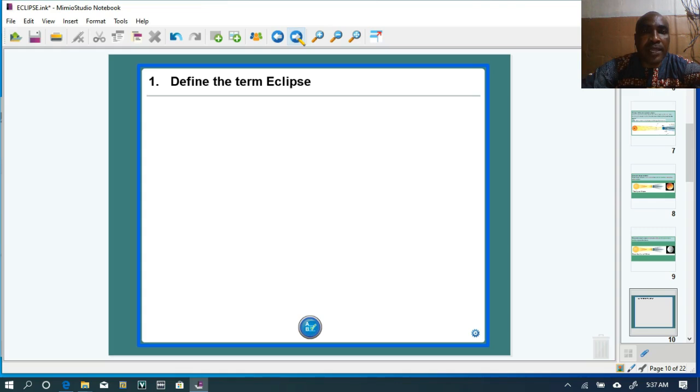While in the lunar eclipse, the earth blocks the rays of the sun from reaching the moon either completely or partially, and a shadow of the earth is cast on the moon.